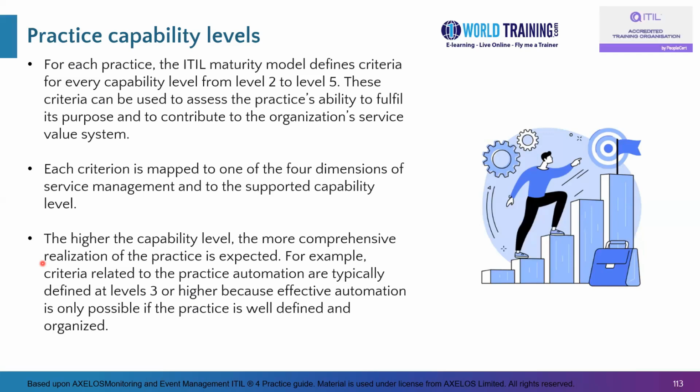So only when that happens, then at level 3, there can be a focus on automation. However, there are certain practices in which automation can be done even partially or at least at level 2. So in this practice particularly, automation can start happening at level 2 itself. And we will see that information in another table afterwards.